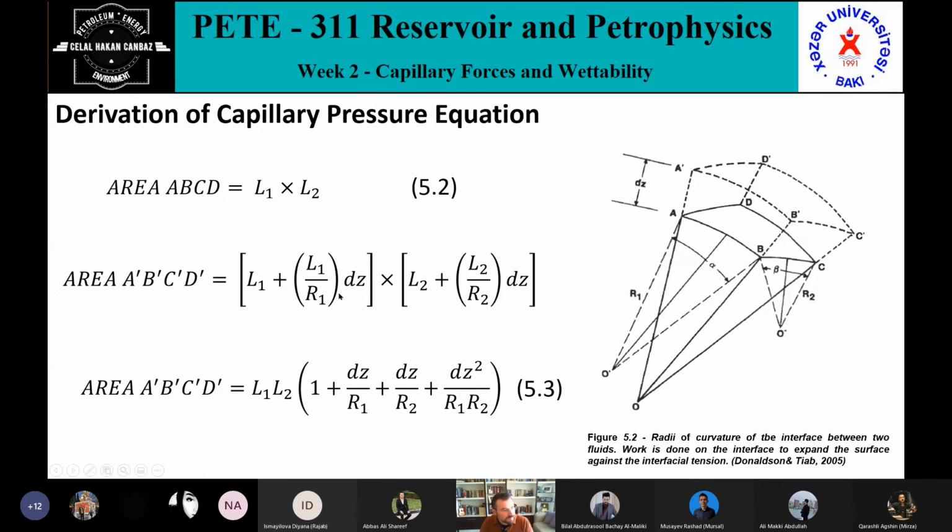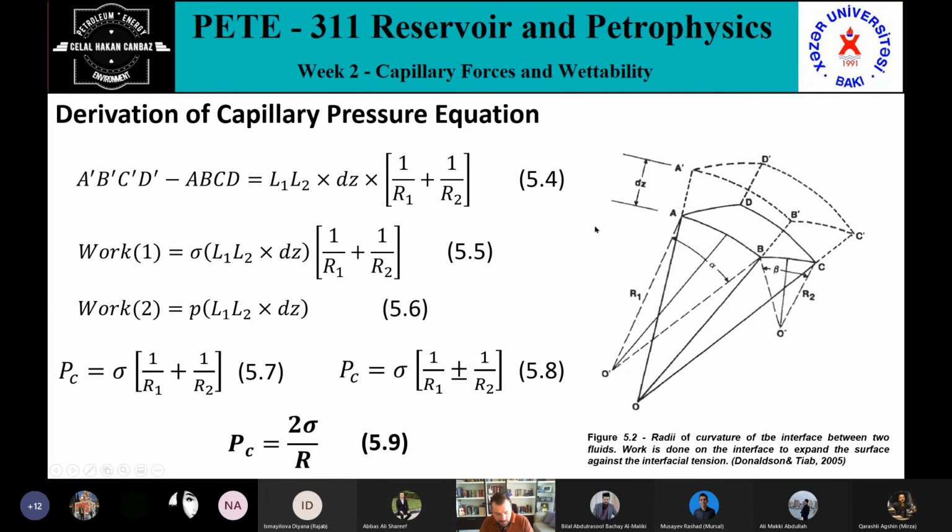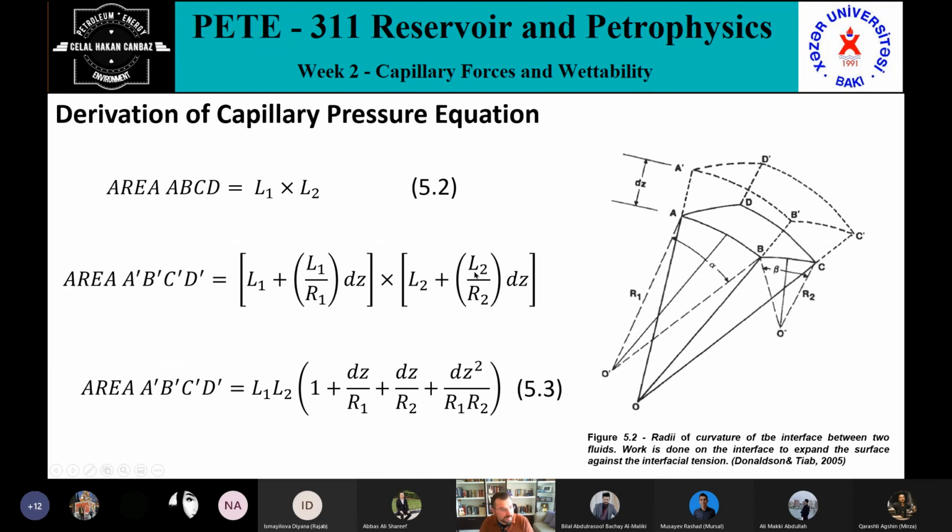L1 plus L1 divided by R1, times dz, the increment, and multiply by the same for L2.